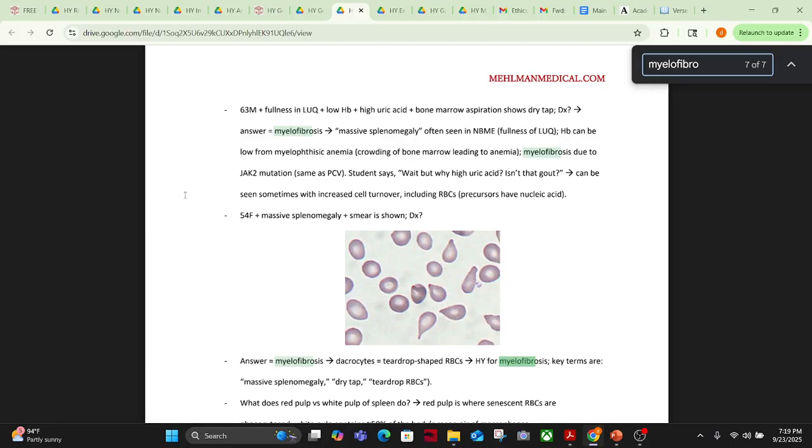A 54-year-old man with massive splenomegaly and smear is shown. What is it? You see teardrop cells. The answer is myelofibrosis.